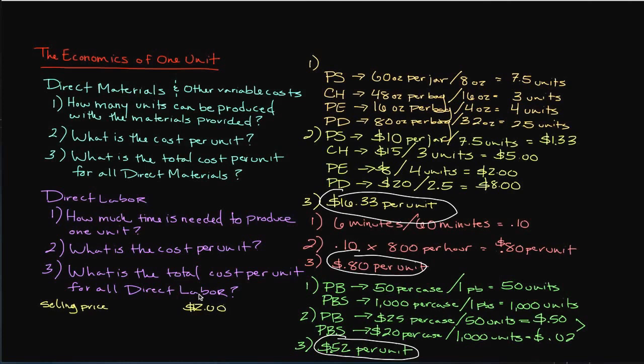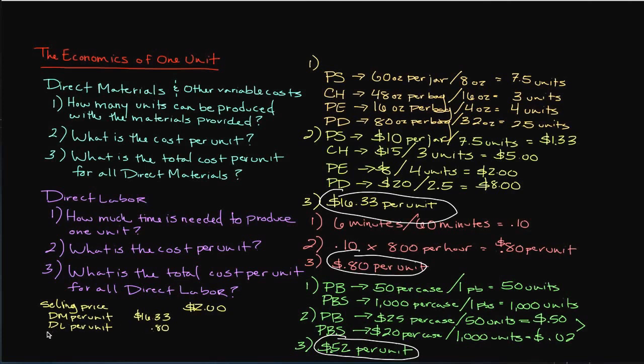And then we have our costs. We know that we have a direct materials per unit of $16.33. And we have direct labor per unit of 80 cents.